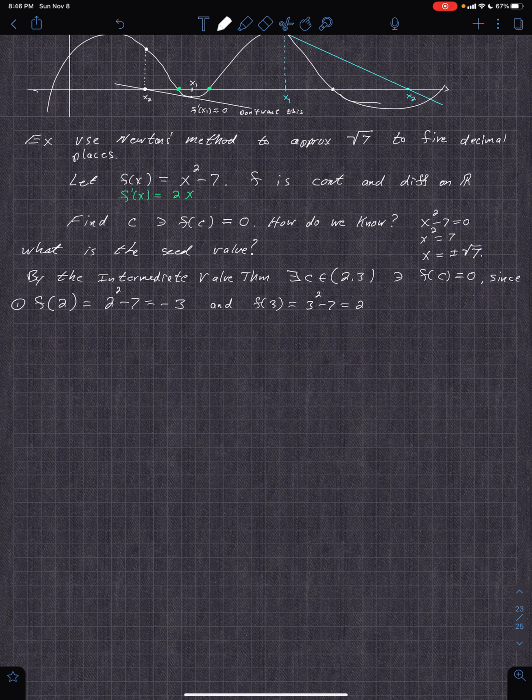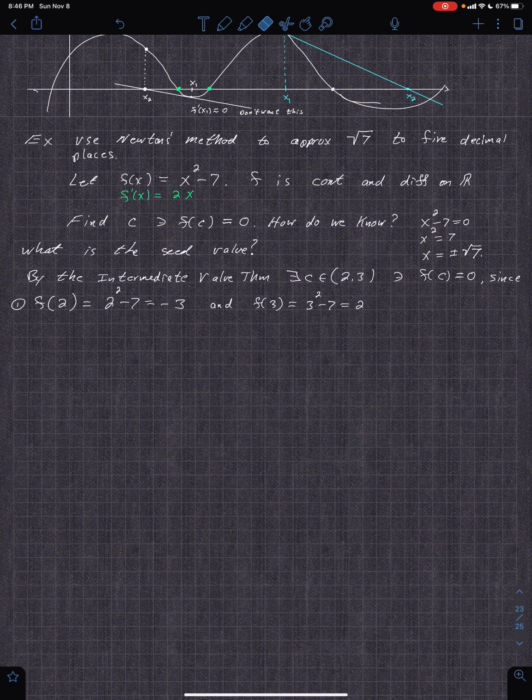So therefore, by the intermediate value theorem, you have a negative and a positive. It must intersect in between. Okay, and we're looking at basically a parabola, and you're going to get negative and positive, and you put a value here and here. There has to be a root in between. So that's what we're looking at.